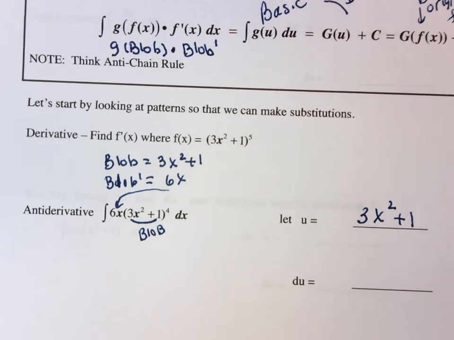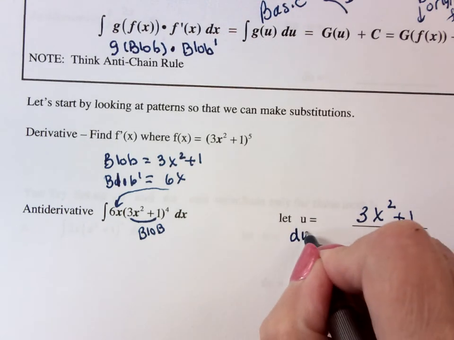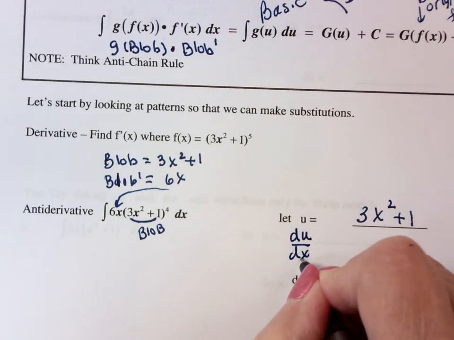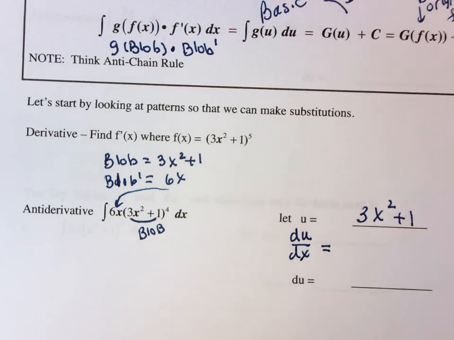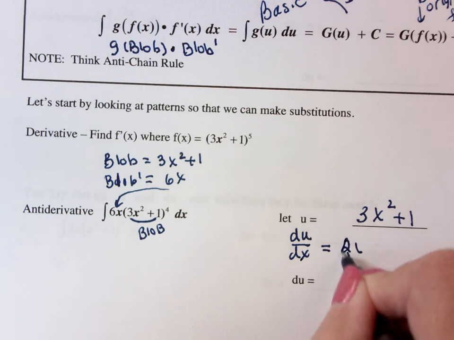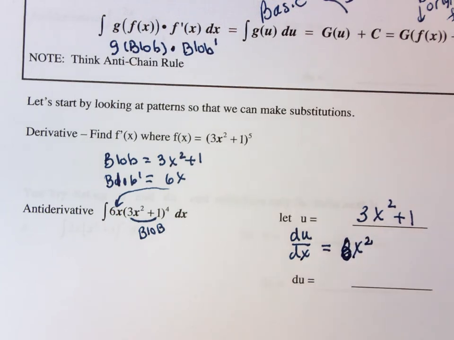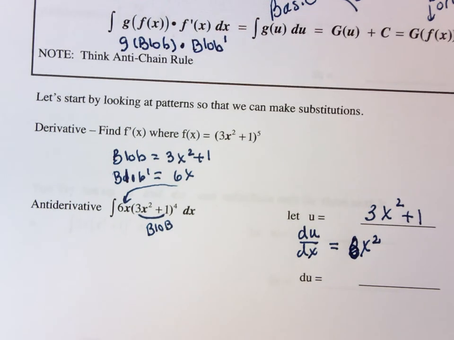Now, normally, this is what happens. We go to the notation: du dx, that's the derivative of u with respect to x, is 6x squared. Now, that's not how this thing operates, because I'm making a replacement.